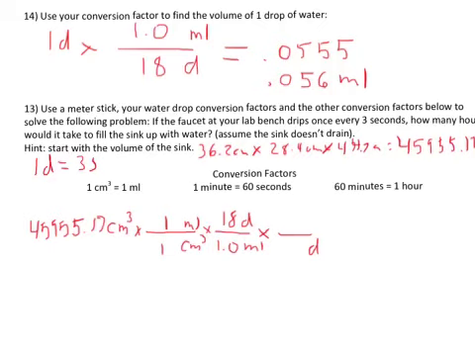That's basically a conversion factor. The two equal each other. So I'm going to say 1 drop, 3 seconds. I don't want seconds, so I'm going to put seconds in the basement. I'm going to turn seconds into minutes. In all cases, 60 seconds equals 1 minute. I don't want minutes. I was asked to find hours, so I'll put minutes down here, and I'll put hours up above. 1 hour equals 60 minutes.